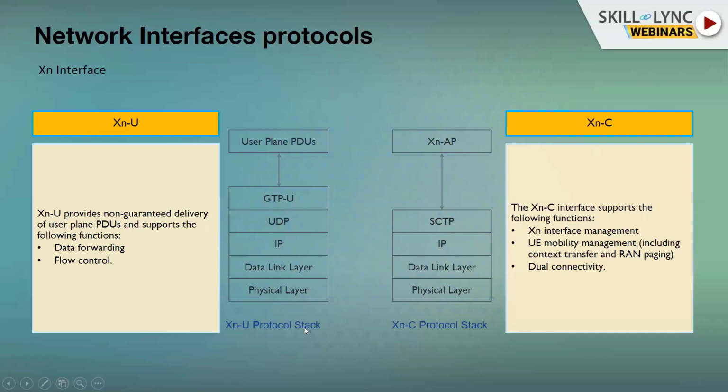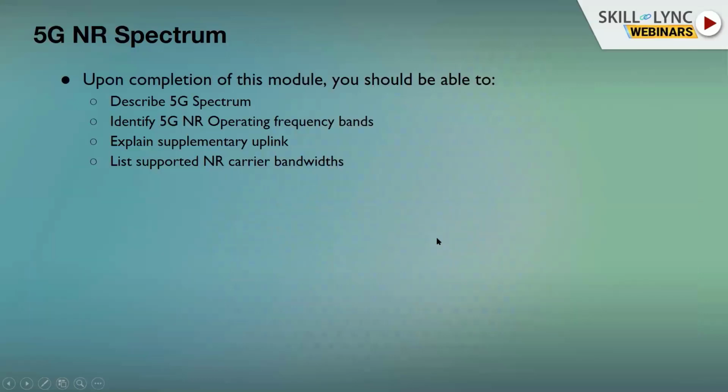So we have the Xn-U protocol stack, and how to read it, and we have the Xn-C or control plane protocol stack. The SCTP layer provides the guaranteed delivery of application layer messages. In the IP layer, point-to-point transmission is used to deliver the signaling PDU.